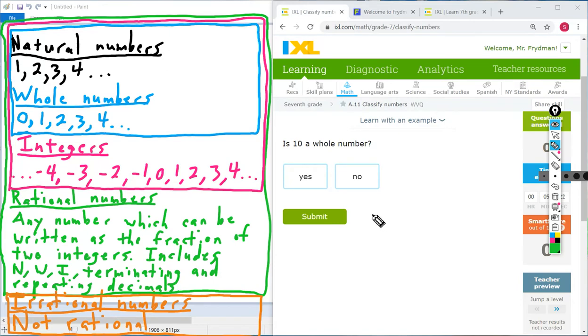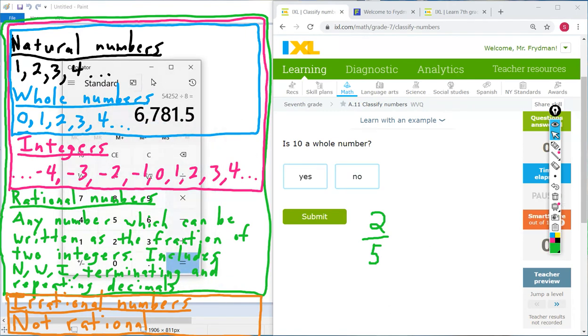What about the number 2/5? Is this number a rational number? Well, the answer is yes, it is, because we can write it, and I did write it, as the fraction of 2 integers. 2 is an integer, and 5 is an integer. So this fraction is the fraction of 2 integers, and therefore by this definition here, it is classified as a rational number. But notice something else.